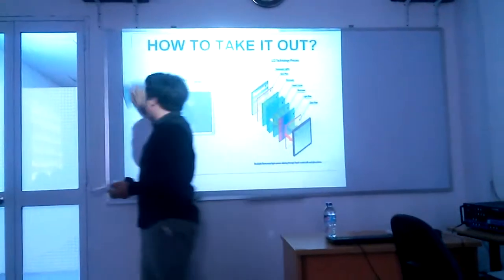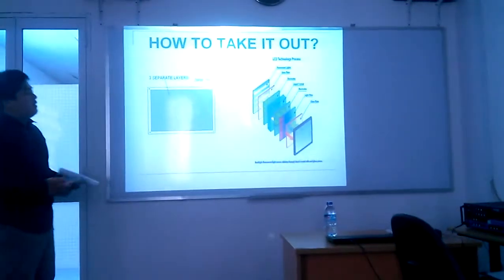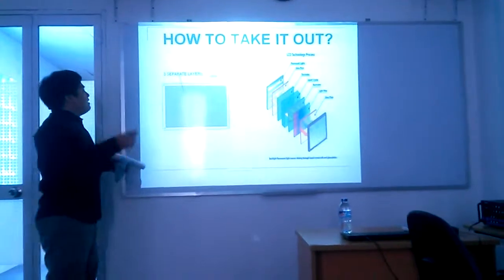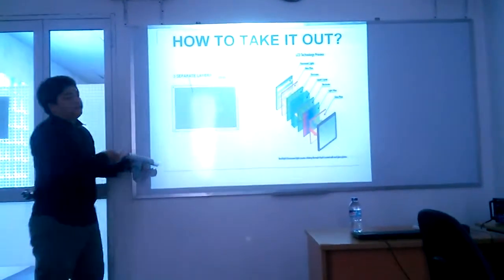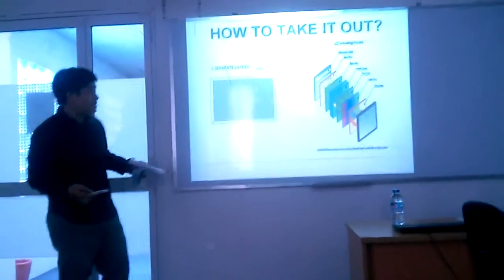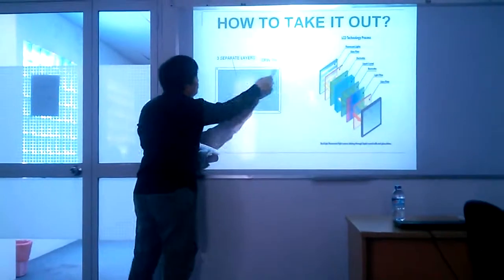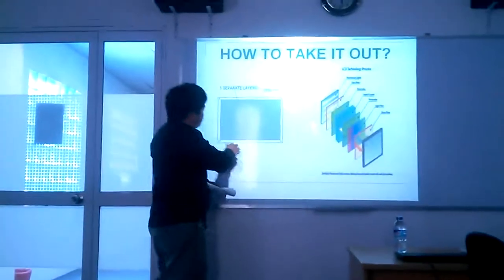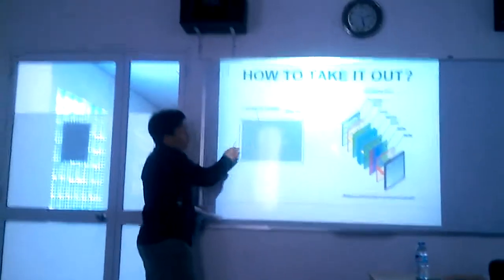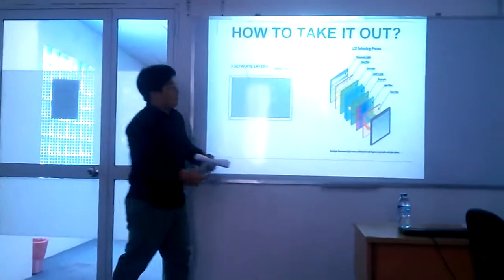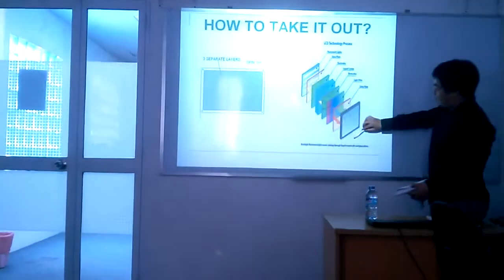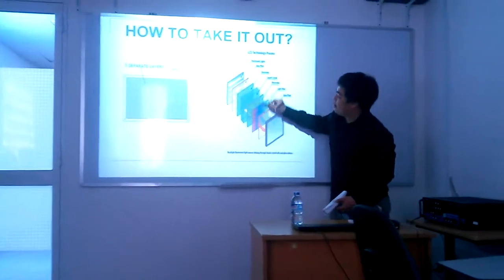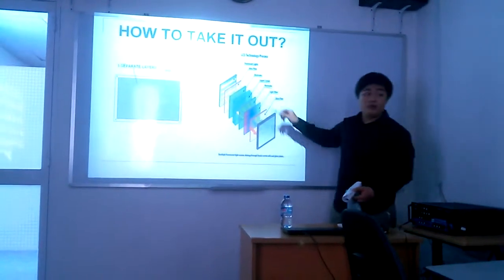So, how do we take it out? We have many ways to take it out. It depends on your television screen. I use a general television screen that has 4 screws and 3 layers of screen. We just need to unscrew all the screws and take out the screen. Like this. Take out the screen, and we have the key point, the liquid crystal. We will make the magnifier with it.